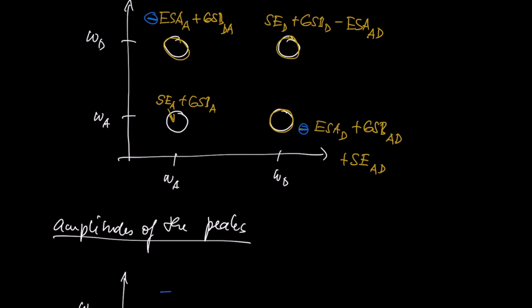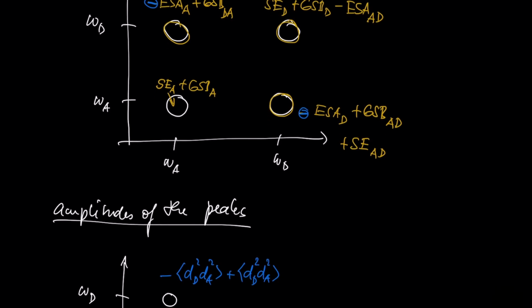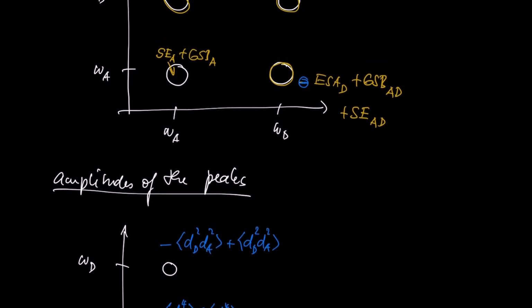So there will be a minus, but actually the first transitions go to A and the second two transitions go to D. So this is going to be D square A square averaged, and the ground state bleach AD signal will also have plus, and it's gonna evolve, but two of the interactions will be with D and two with A. So we have this sum, which obviously seems to lead to 0. So there will be no crosspeak in this case.